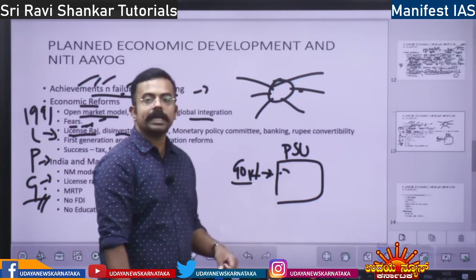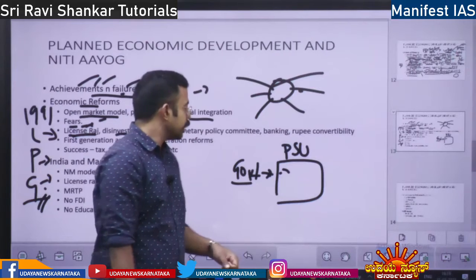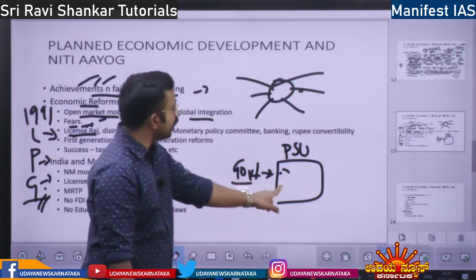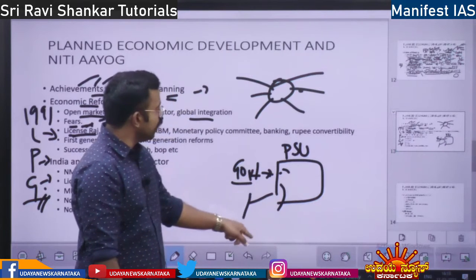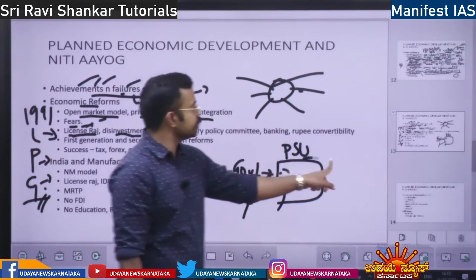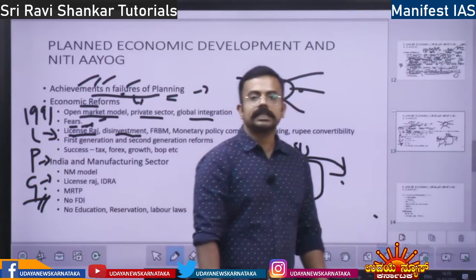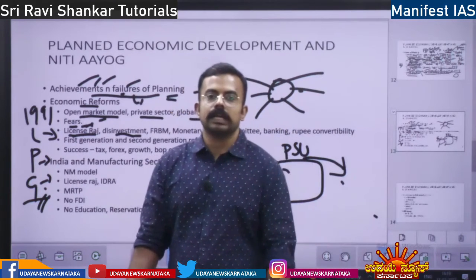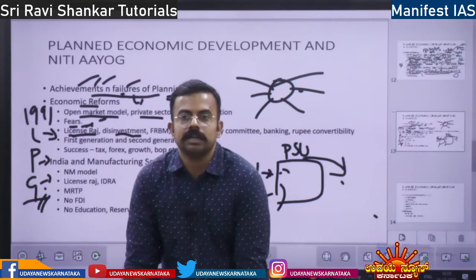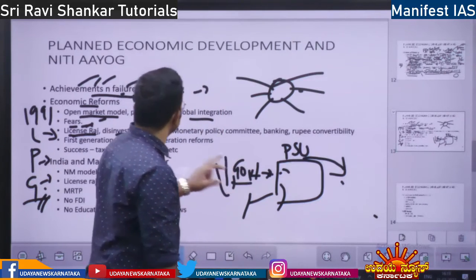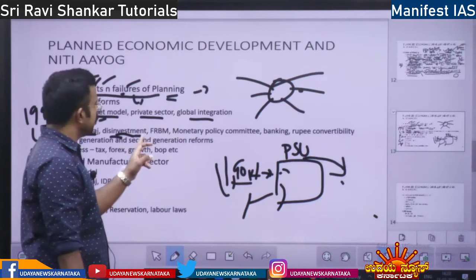Government used to invest the money in PSUs, right? So disinvestment means the government takes its money out and gives this PSU to what? The private sector. Today the LIC IPO is being called, meaning the private sector can also invest in LIC. So the government is trying to reduce. So this reduction trend started in 1991.